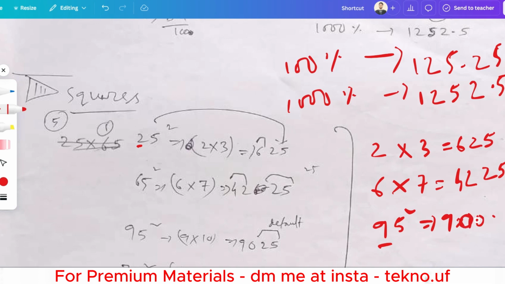Just add 25. So this is the method to calculate this series: 5, 15, 25, 35, 45.